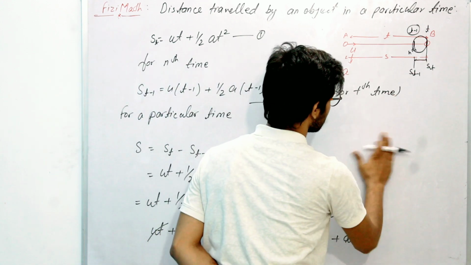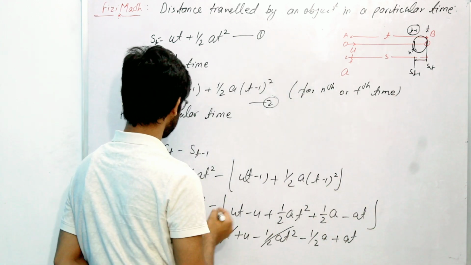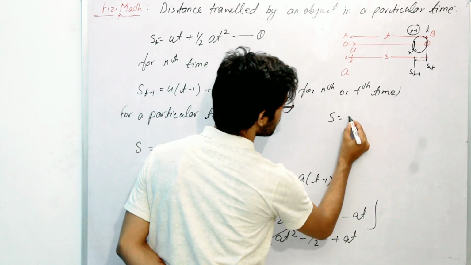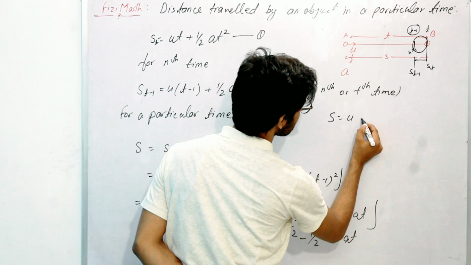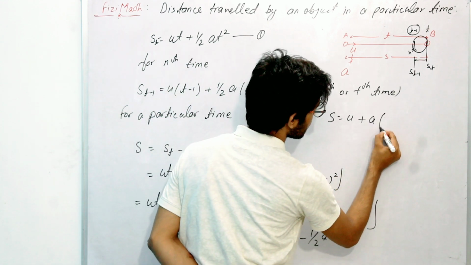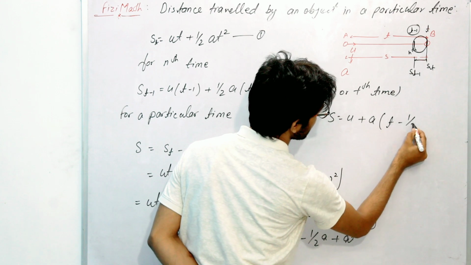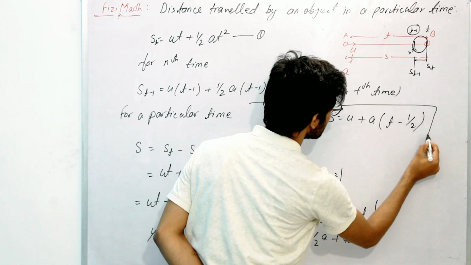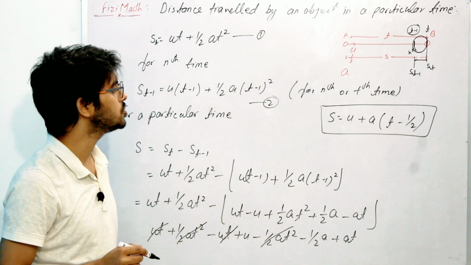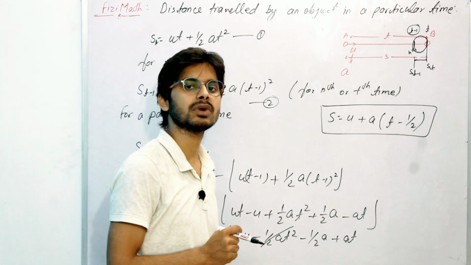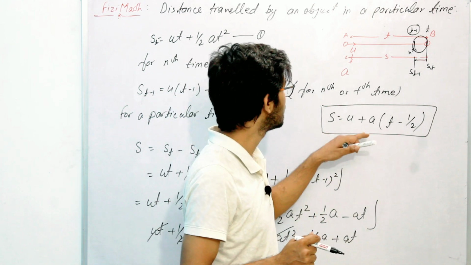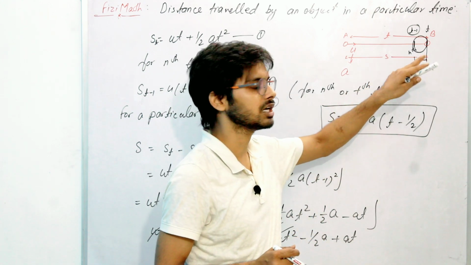So here I can write this equation, S is equal to u plus, if I take a common, we have got t minus 1 by 2. So we have got S is equal to u plus a into t minus 1 by 2. This equation gives distance for a particular time.